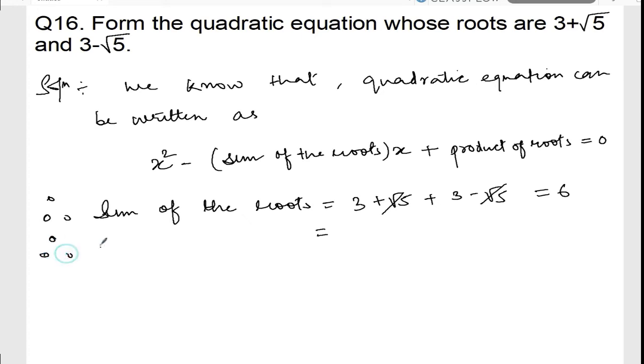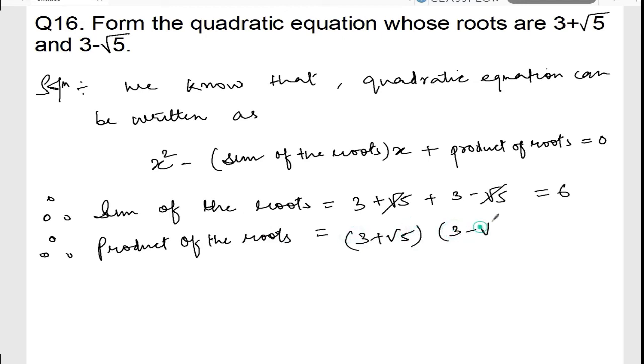Therefore the product of the roots is 3 plus root 5 into 3 minus root 5. a plus b into a minus b is a square minus b square, so 3 square minus root 5 whole square. Square and root cancel, so it is 9 minus 5, which is 4.